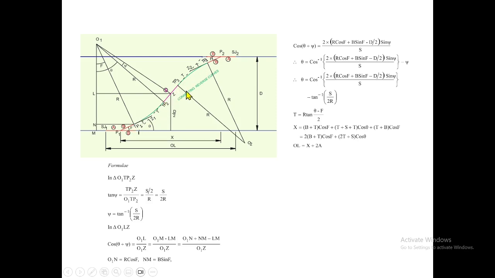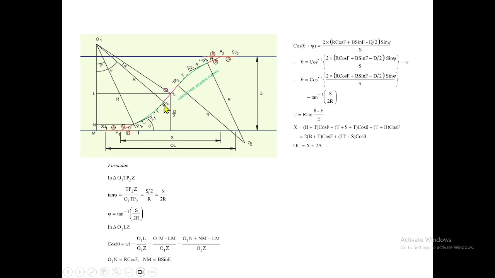In the earlier case there was no straight; there was a common tangent and a common tangent point. The centers of the arcs connecting both were in one line. But here it is not so, because of the introduction of the straight.